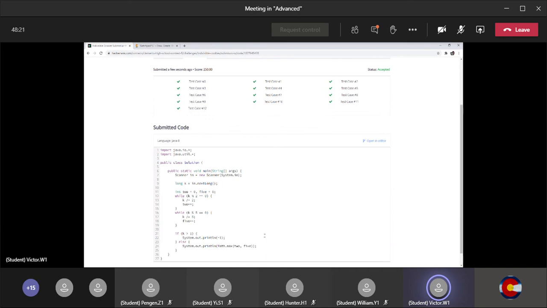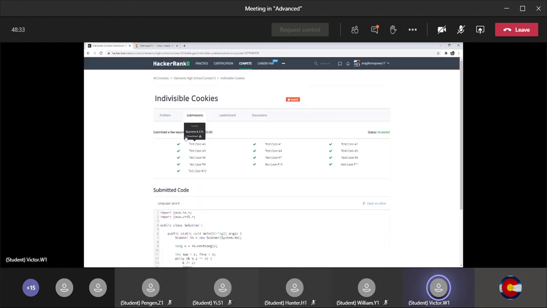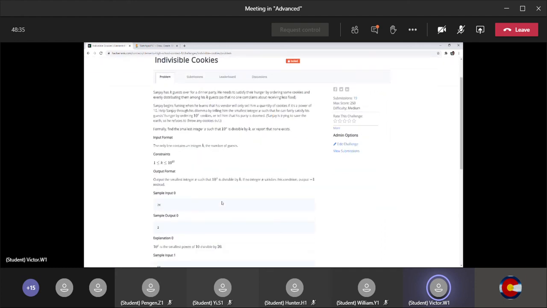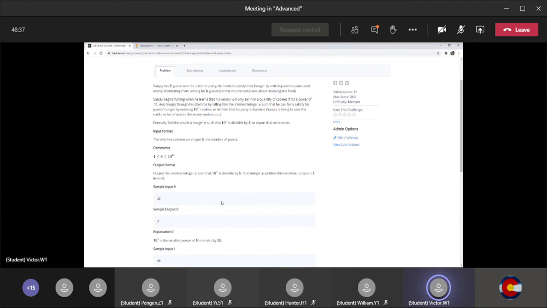One thing you have to be careful about with that solution is what the highest power of 10 you might need to consider is, because you would go up to a certain very high power of 10, and if none of those work, then you would print -1.